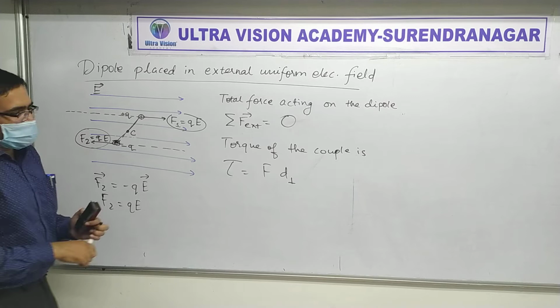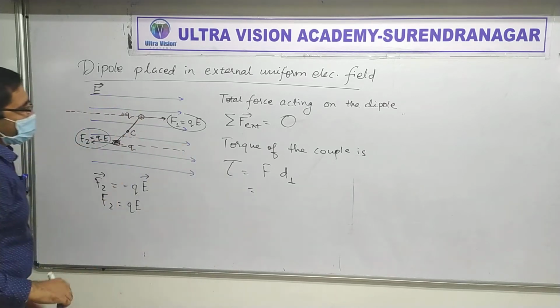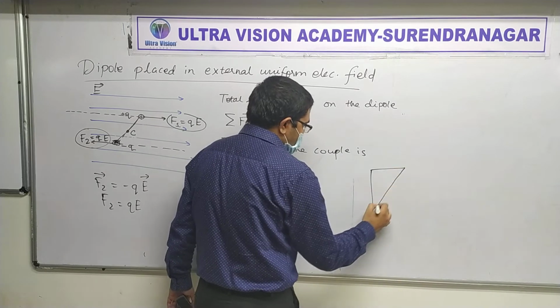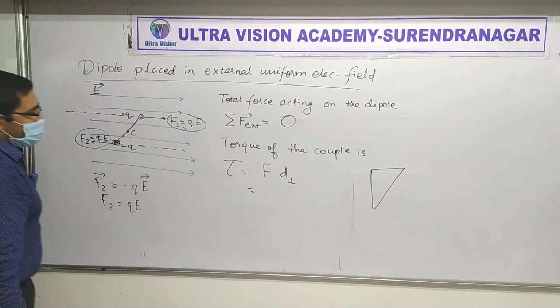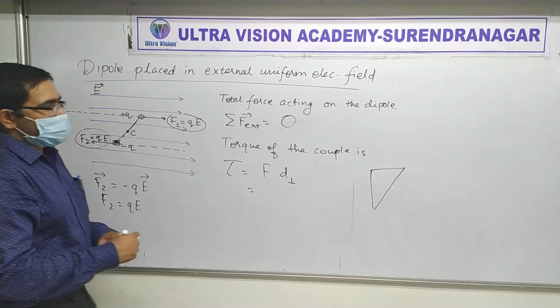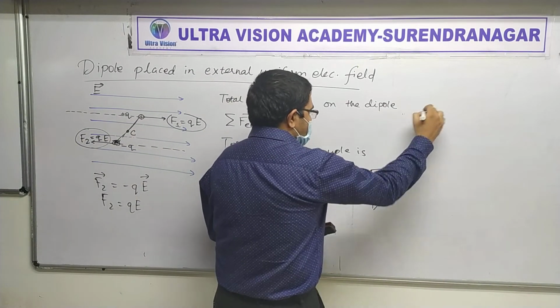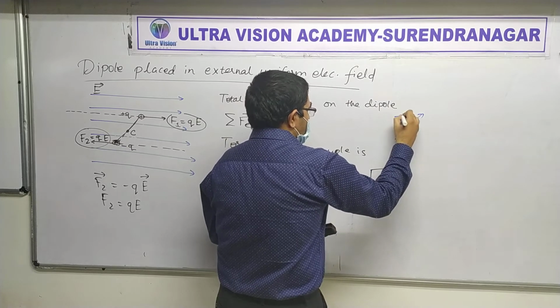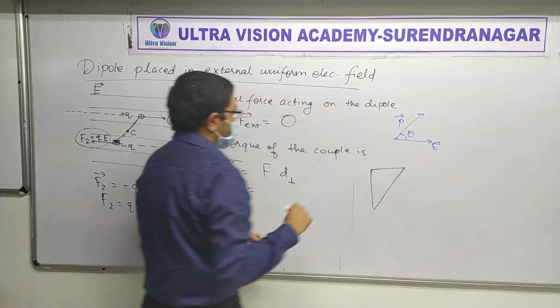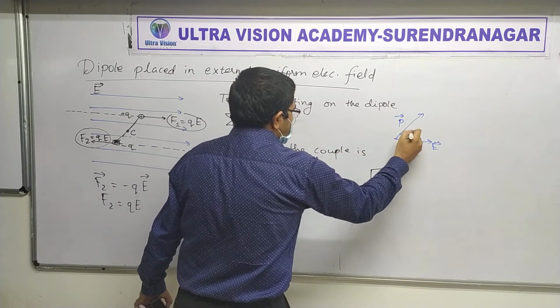So let's use this little diagram here, and I'll draw one more triangle on this side so that everything becomes clear. Suppose in this situation the angle between the dipole moment and the electric field is theta. Do you see that angle in the diagram over here?